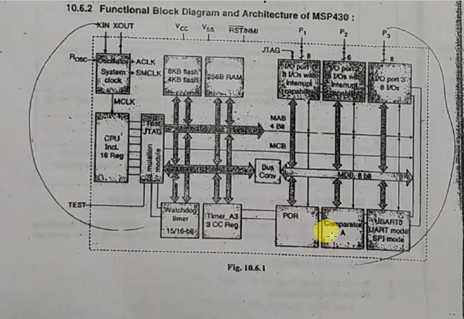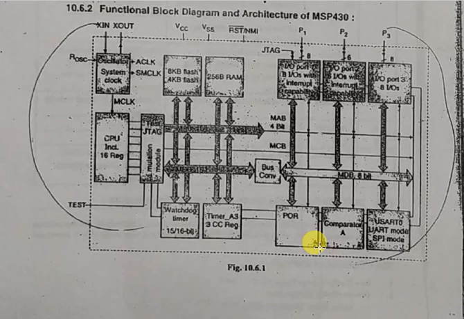Comparator. The primary function of the comparator module is to support precision slope analog to digital conversion, battery voltage supervision, and monitoring of external analog signals. The last block is analog to digital conversion. The ADC12 module supports fast 12-bit analog to digital conversion.